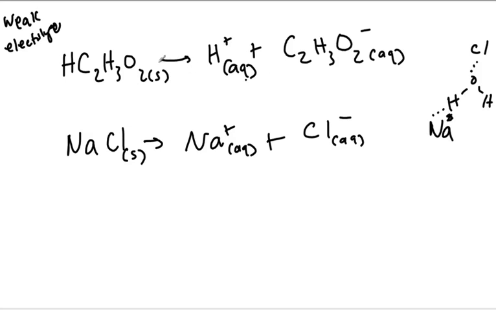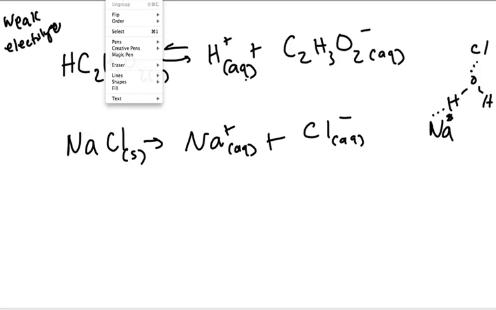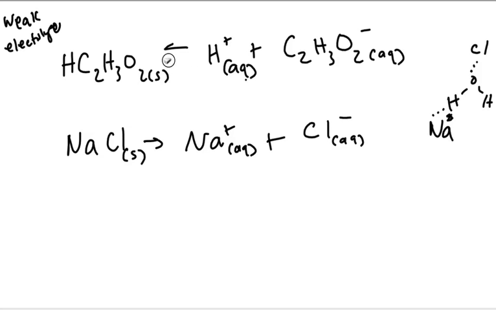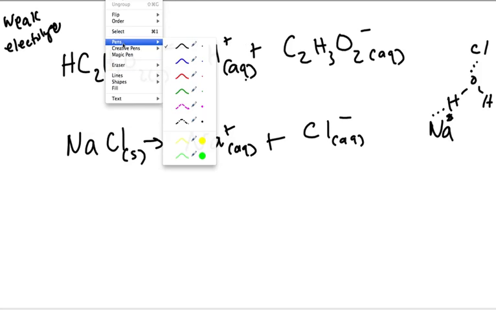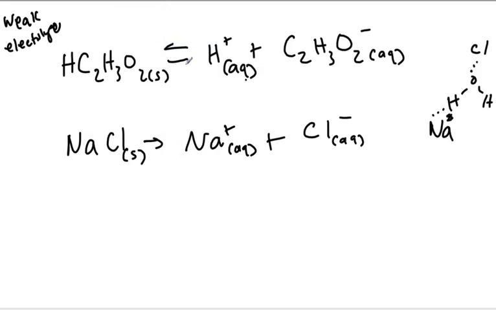So what we're going to want to do now is say that it is an equilibrium, meaning that it exists in both forms. After you drop it in, eventually it's going to get to a state where there's an equal number of acetic acid particles as well as H plus and C2H3O2 minus particles.